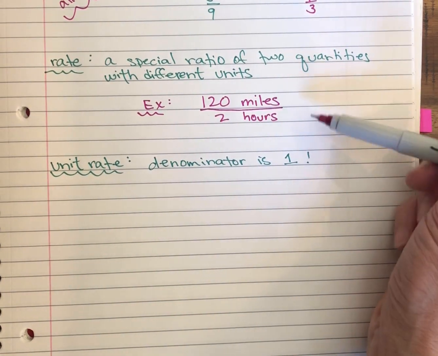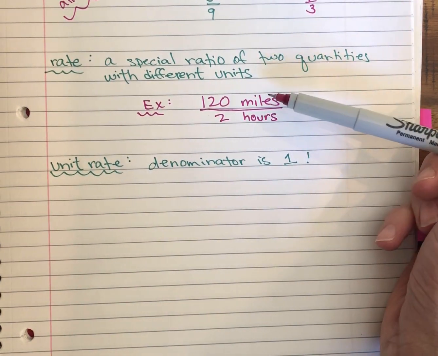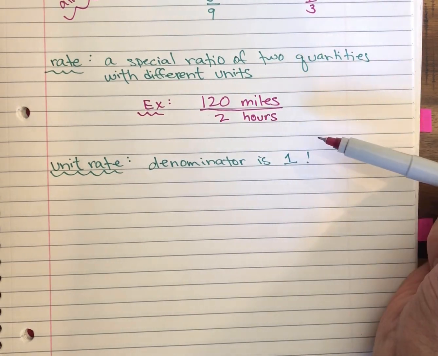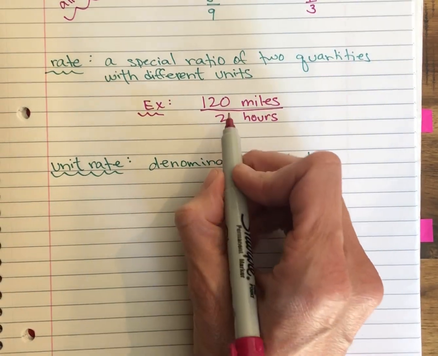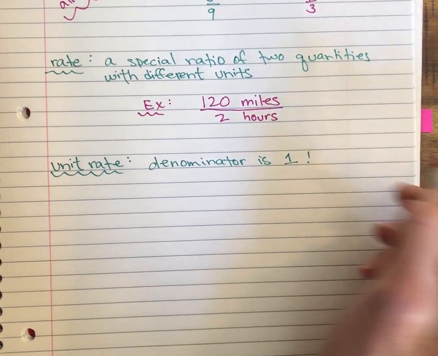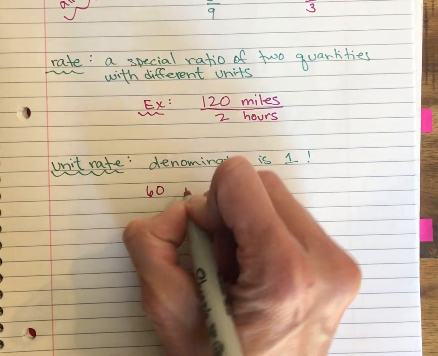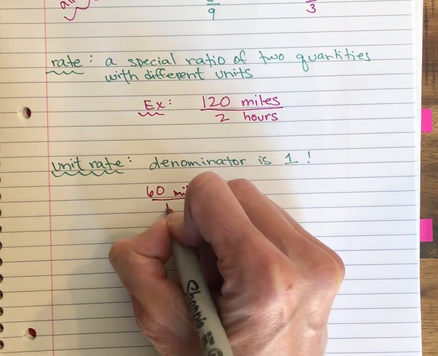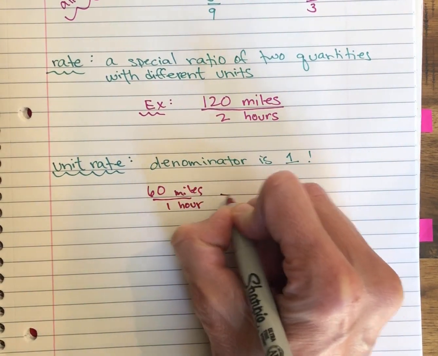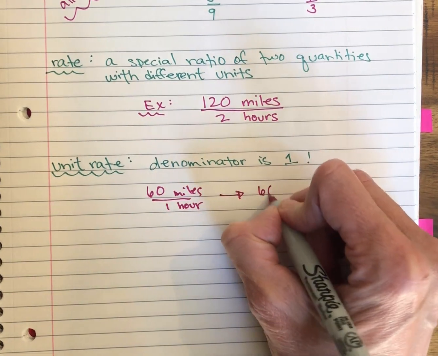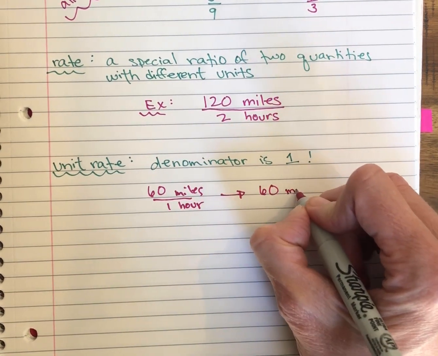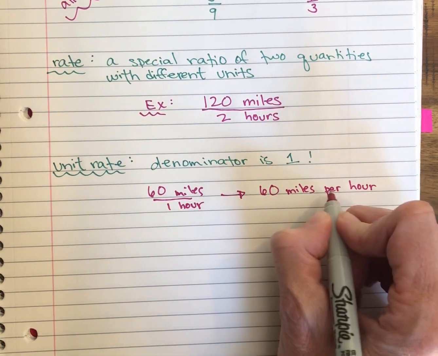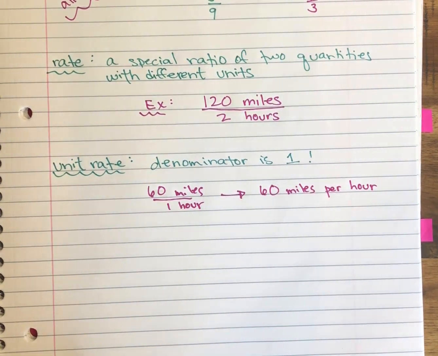So unit rate is a rate like this, but the denominator, that second quantity, is always a 1. So instead of expressing it as 120 miles in 2 hours, the unit rate would be 60 miles in 1 hour. And then we always write out our unit rate using the word per, 60 miles per hour. Per just means 1, okay?